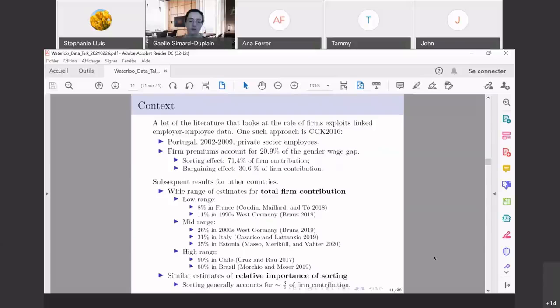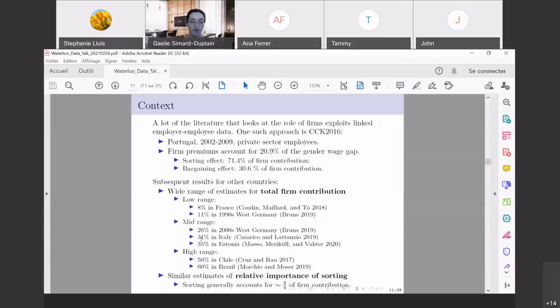The same approach has been used in other countries. There is quite a bit of range on the total firm contribution to the gender gap. We have something as low as 8 or 11% in France and 1990s West Germany, and as high as 50 to 60% in some South American countries. So quite a bit of range.